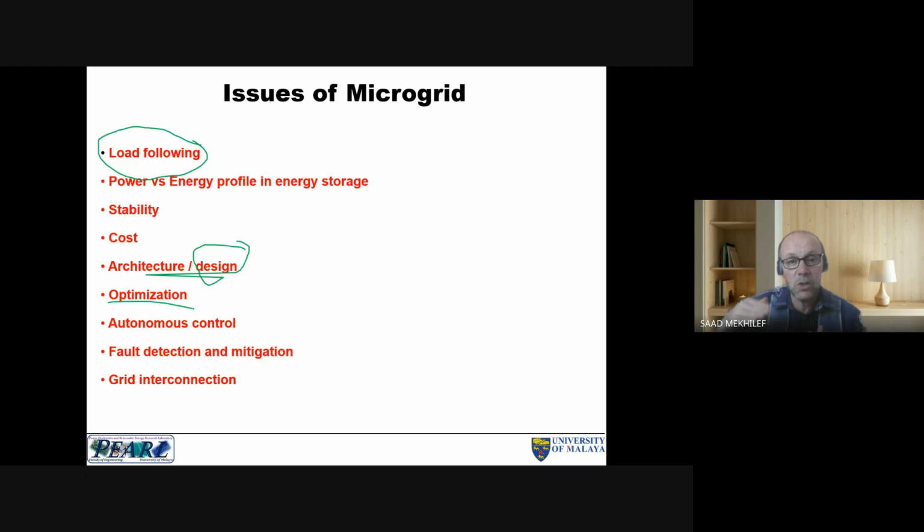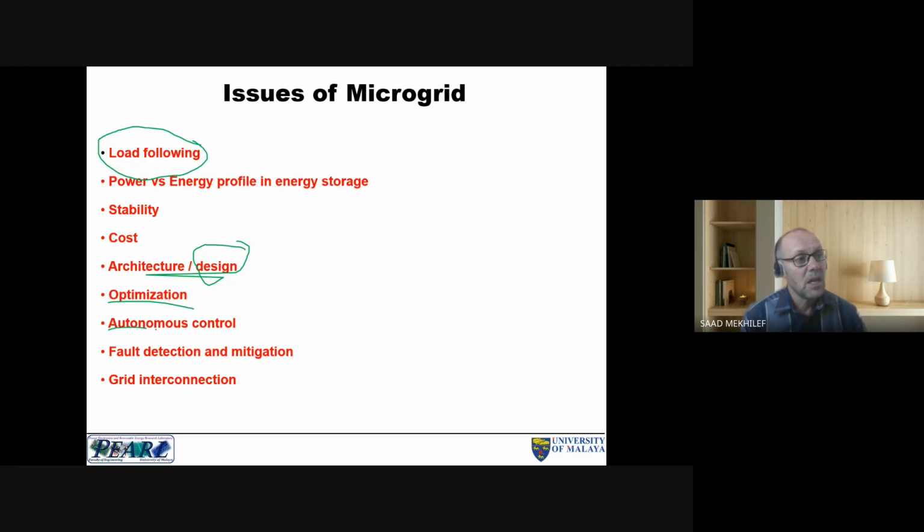So I need to optimize the tilt angle of the PV panels. I should optimize the orientation of the wind turbine, the location of the micro hydro, the size and location of the battery bank, and the location of the inverter. So this is all optimization.